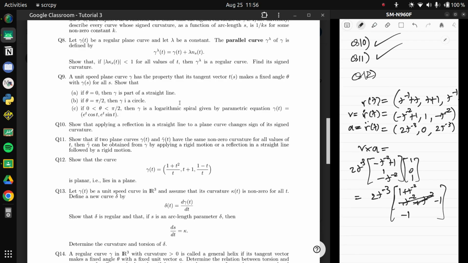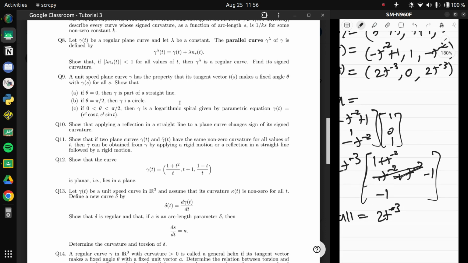This vector's magnitude is never equal to 0, which means v cross a is always non-zero. The magnitude of v cross a would be 2t to the power negative 3, assuming t is positive, times the square root of 3 plus 2t to the power negative 2 plus t to the power negative 4.